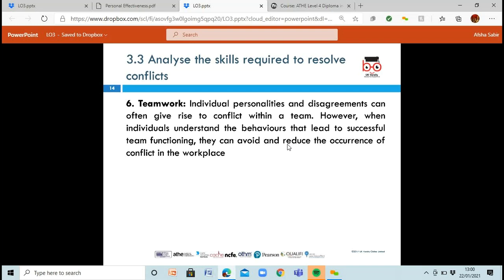So you've got to just work together, try and get along, and understand each other so that you can have a successful team function. This will actually help you to avoid any sort of conflict or reoccurrence within the workplace. So that was 3.3.